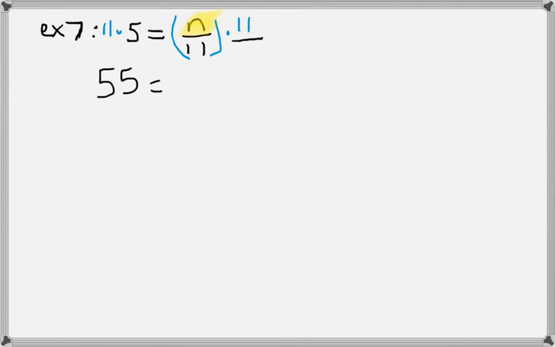Well, let's just make our second part a fraction. 11 is the same thing as 11 over 1. Now we have a fraction times a fraction. So we have our 11 over 11 cancels out, and we are left with our n. Final answer: n is equal to 55.